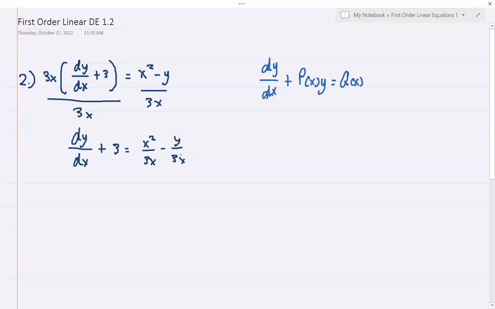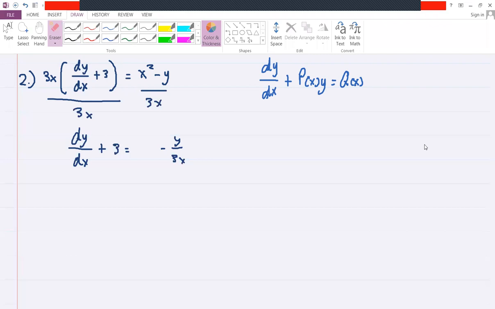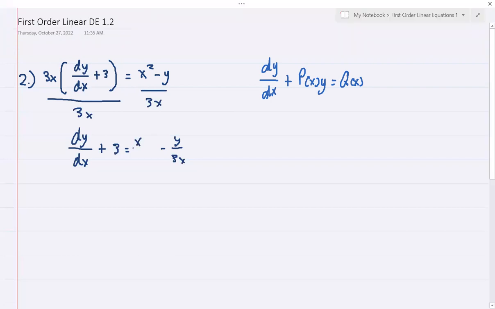Okay, so I can simplify this one. X squared all over 3x, if you're going to simplify them, your x here will be cancelled and this one will be reduced to 1. Hence, we will have x all over 3.